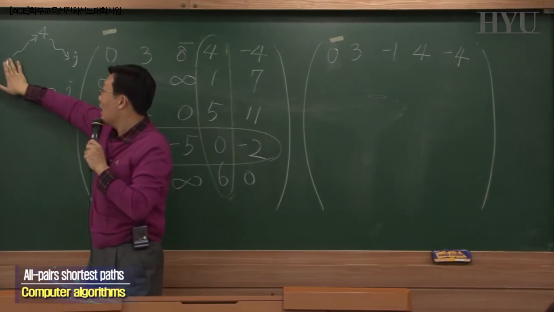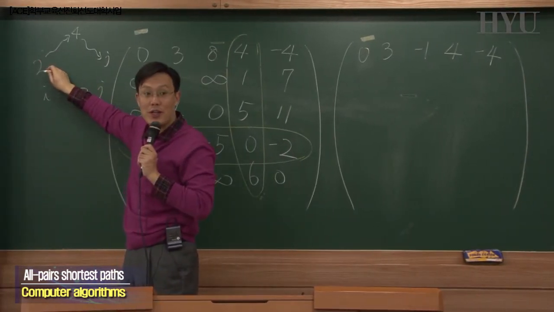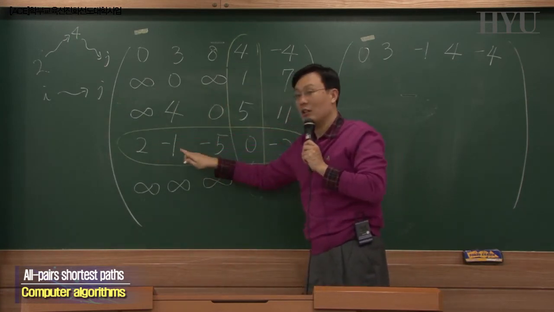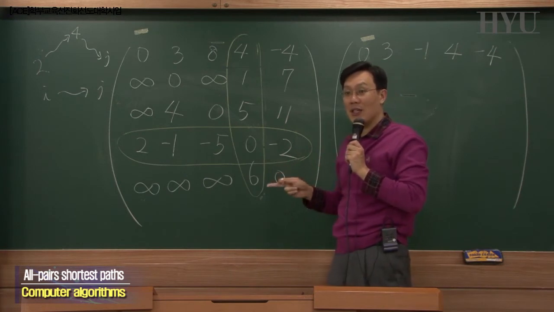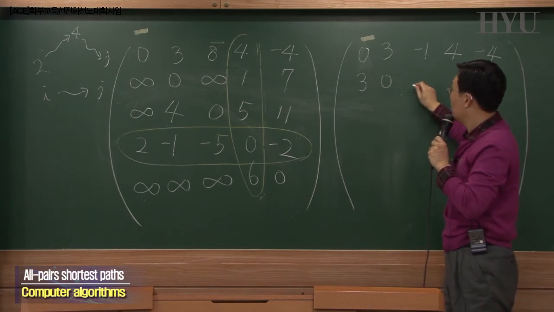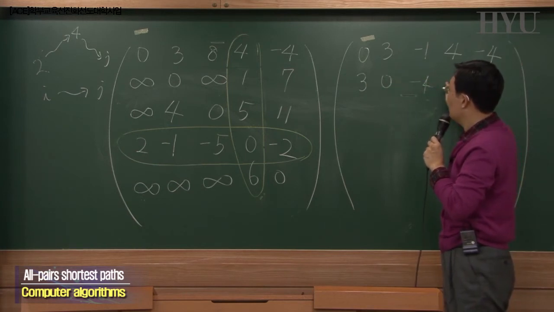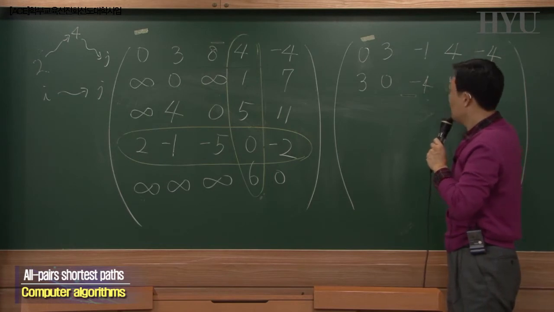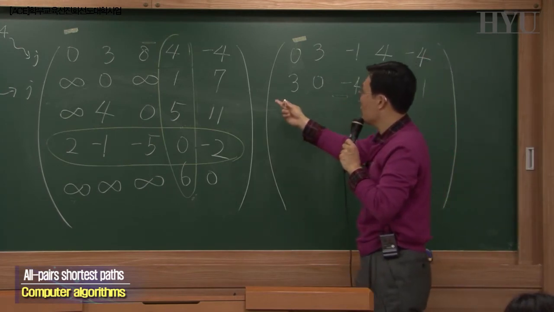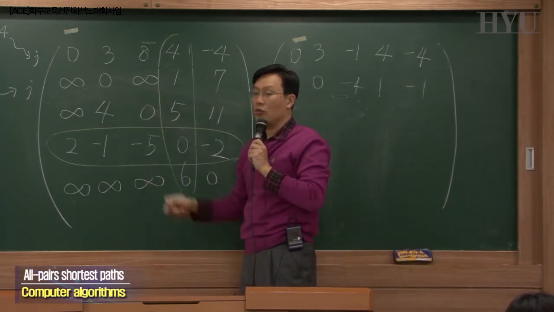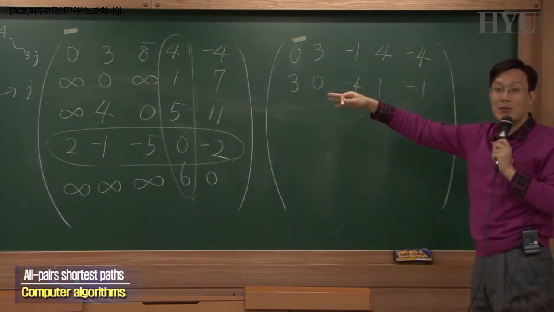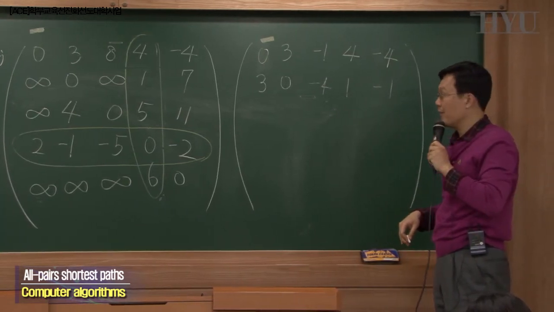In this case, i is changed to 2, so the value from 2 to 4 is 1. So we add 1 to all these values. And then what are they? 3, 0, negative 4, 1, negative 1. Then compare these values to previous values. In this case, they are all smaller than previous values, so we use these values.